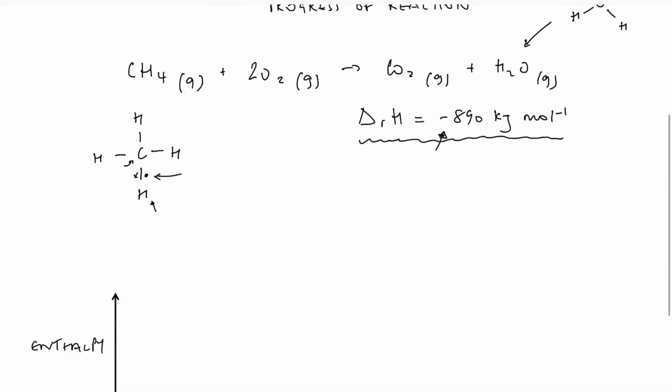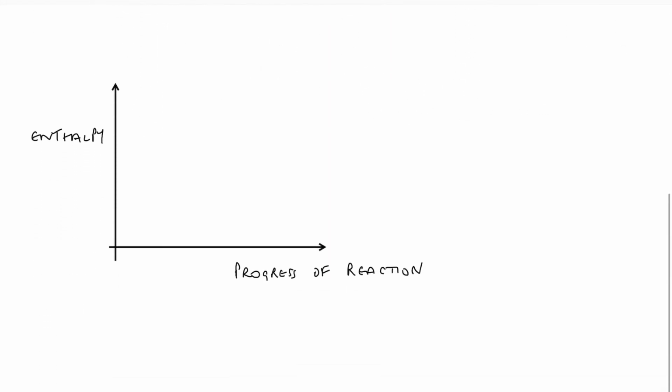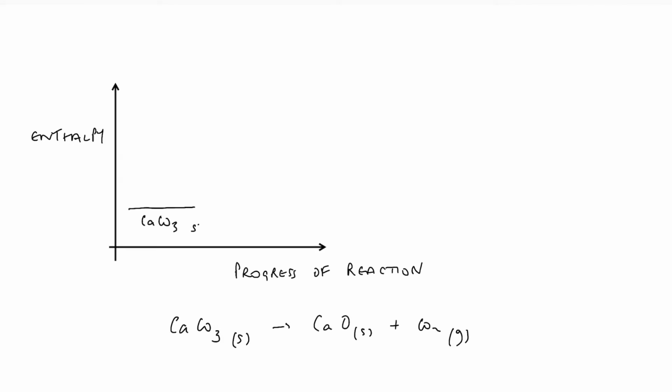For an endothermic reaction, we have the opposite going on. So for example, thermal decomposition of calcium carbonate to form calcium oxide and carbon dioxide. This is a reaction that requires constant heating. I've drawn that too high. I always do that. So let's put our calcium carbonate down here. It requires constant heating to form the products.